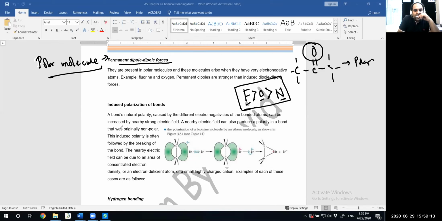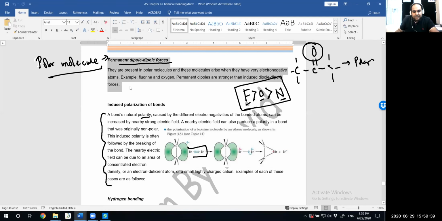So what happens is a bond's natural polarity, caused by the different electronegativities of the bonded atoms, can be increased by nearby molecules. This is basically how force can be induced. So this is actually not part of it.